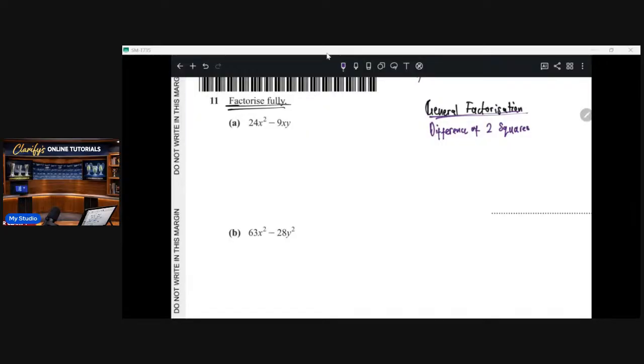Then the next method is factorization by grouping, which is factorization of 4 terms. When you are given 4 things, you look at 2 at a time. Then you have factorization of quadratic trinomials.